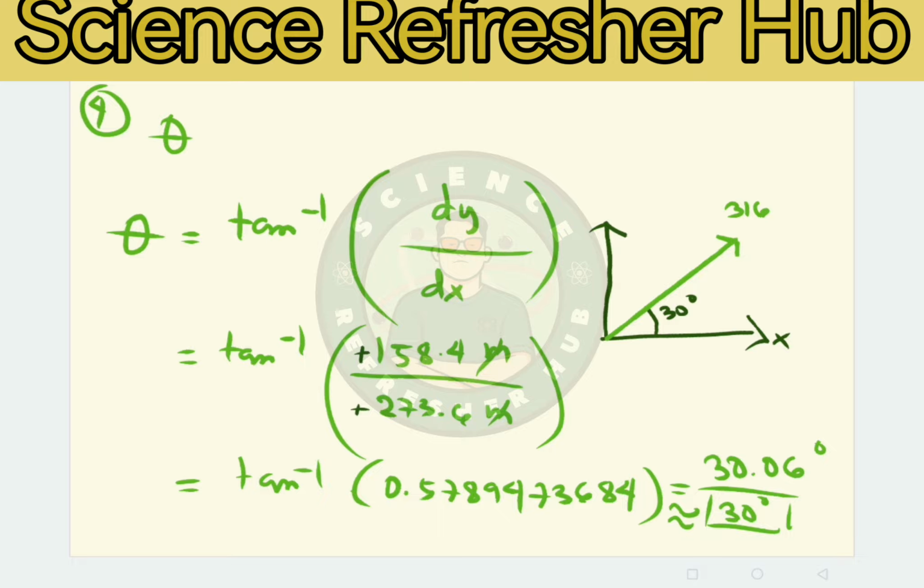Okay, this is the vector sum that we calculated earlier. It's around 316.14 meters, if I'm not mistaken. That's the value of our displacement vector sum. So that's our final answer.